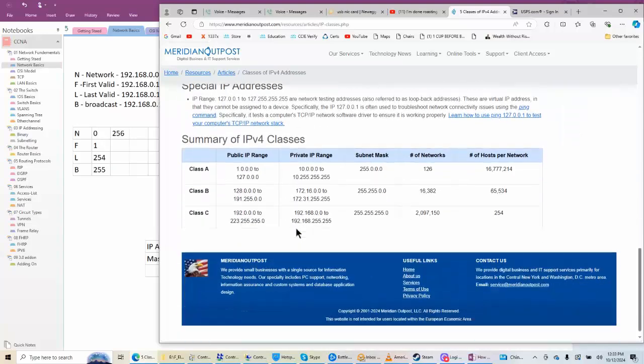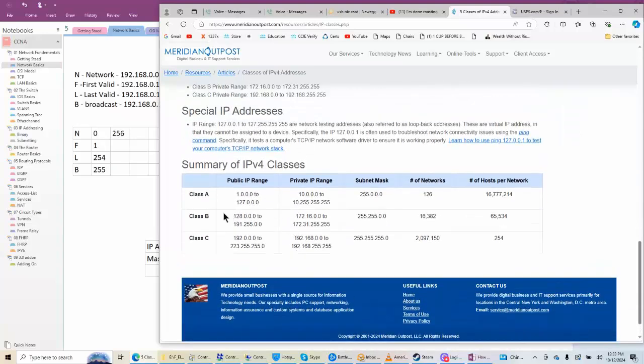So 192.168 to 192, those are private IP addresses, sorry. 192.0.0.0 to 223.